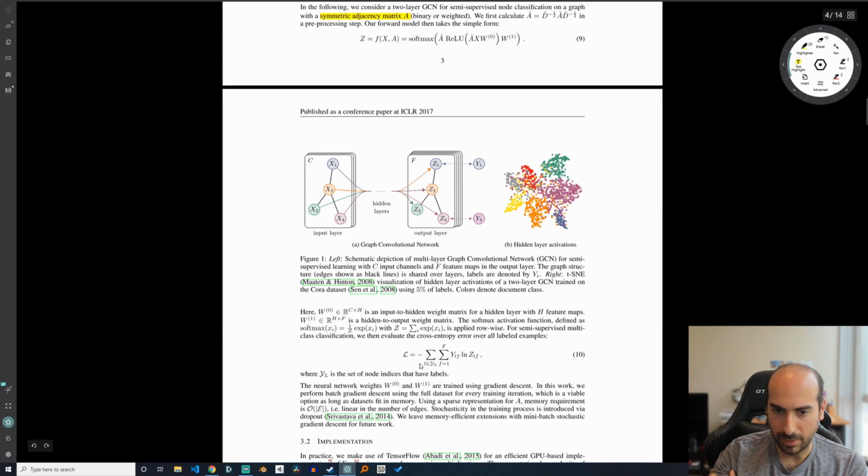The sum over all indices with labels. Oh, I see. So the parameters are trained using gradient descent, and they perform batch gradient descent using the full dataset for every training iteration, as long as the dataset fits in memory. Using a sparse representation for A, stochasticity is introduced via dropout.